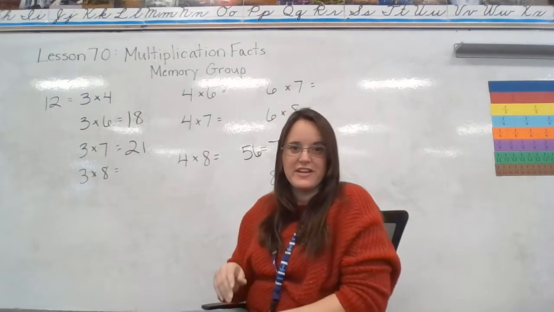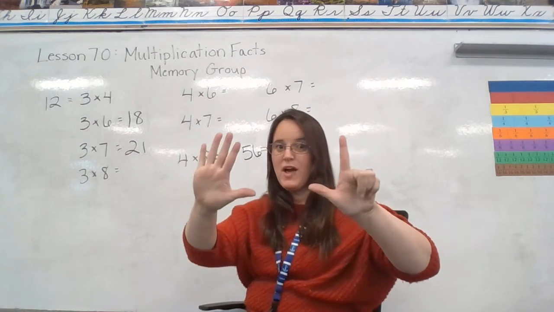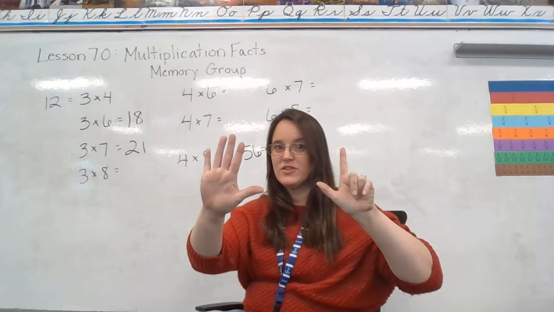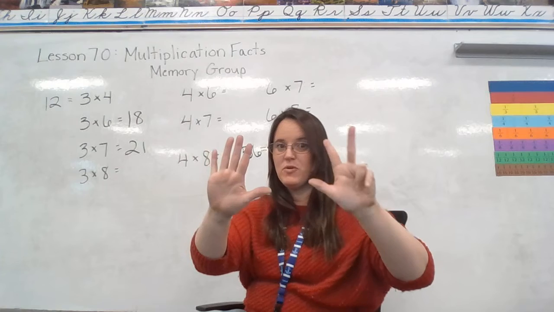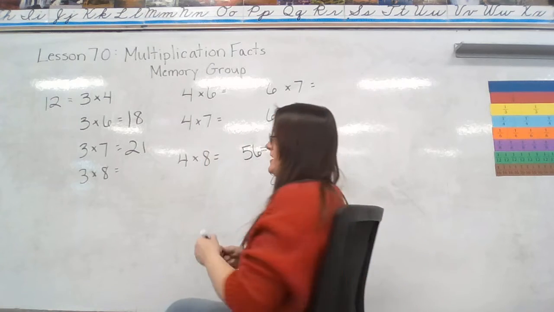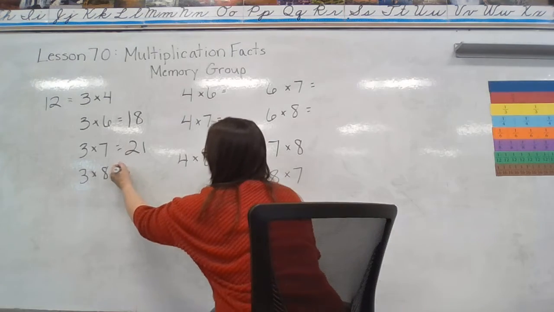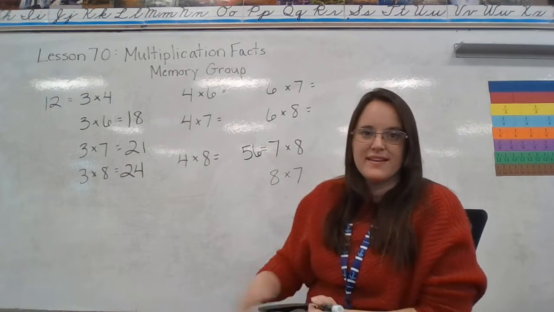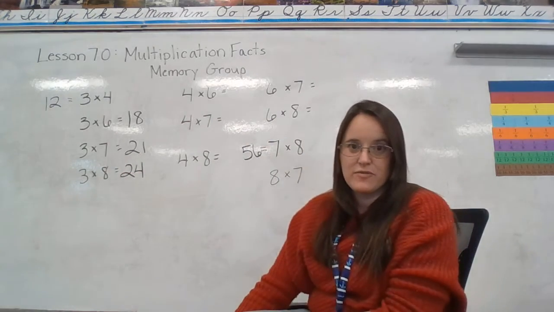Hey, there's a pattern here. We were up to 21, and now we need one more group of 3. So 21 plus 3 more gives us 24. And there's the rest of our 3s.